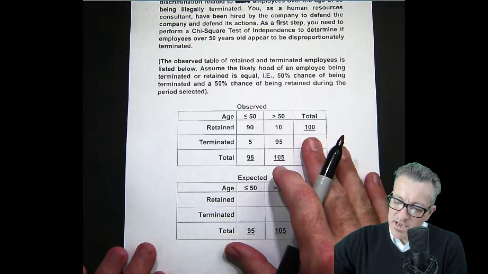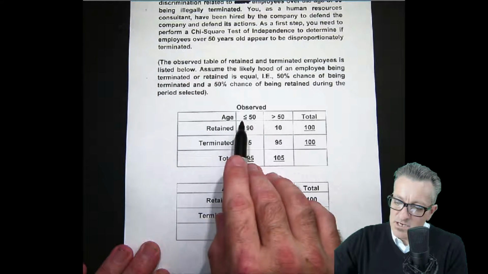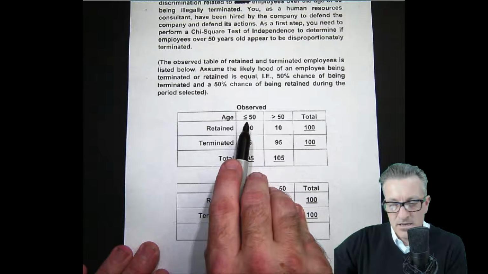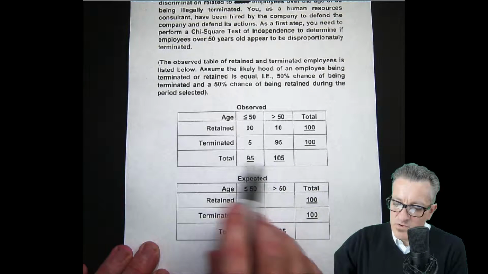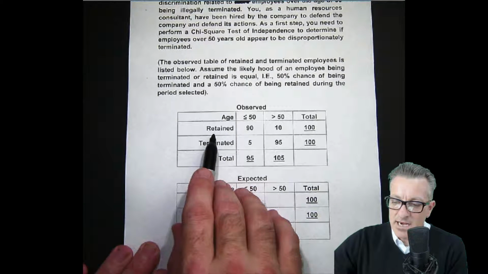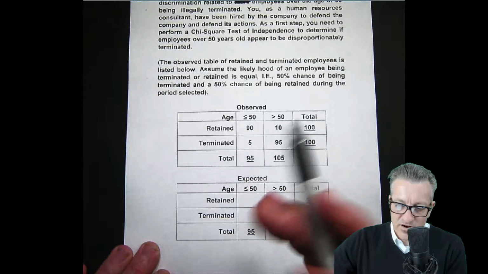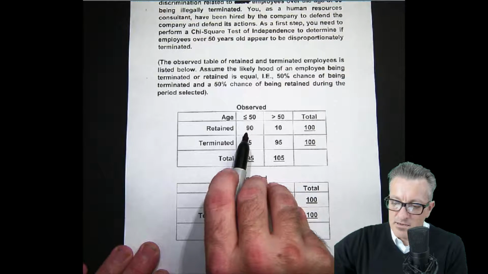Okay, so we have the observed data. So let's take a look at this. It says observed, and we have age. So less than or equal to 50, and then over 50, and then totals for both columns. So it says retained, meaning not fired essentially, and then terminated, meaning fired essentially. So retained, 90%.